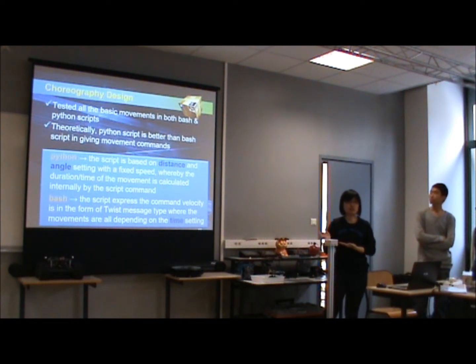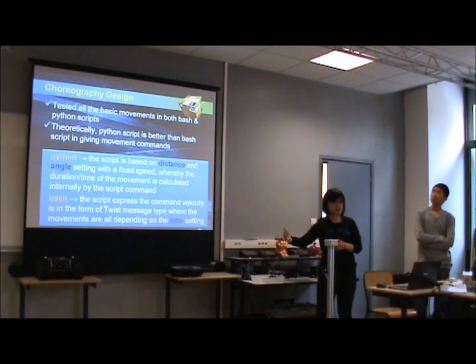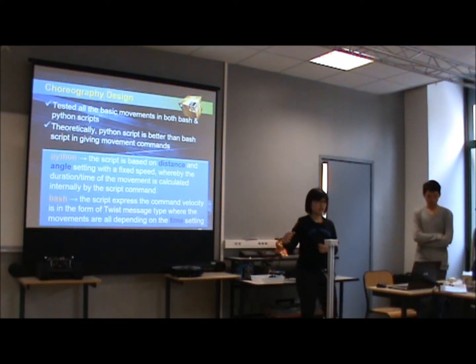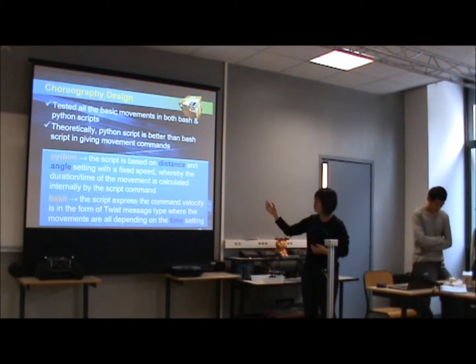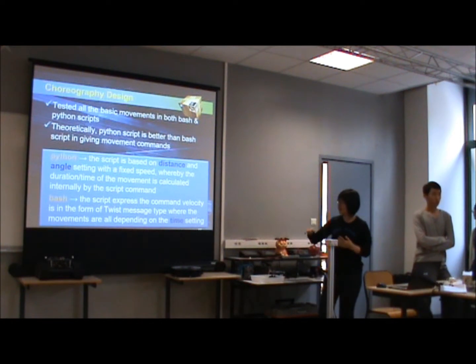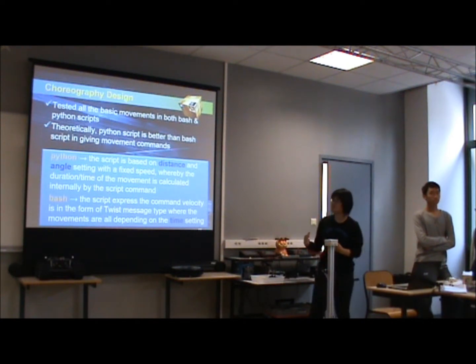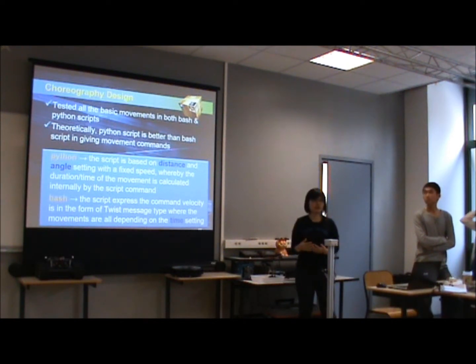Let's say I want the TurtleBot to move 1 meter and then rotate 90 degrees. That's it. But in Bash, we usually express our commands in terms of the twist message, which is controlled by a time limit. Let's say I want it to move for 10 seconds or 5 seconds. So basically, it's easier to control the movement of the robot using the Python script.